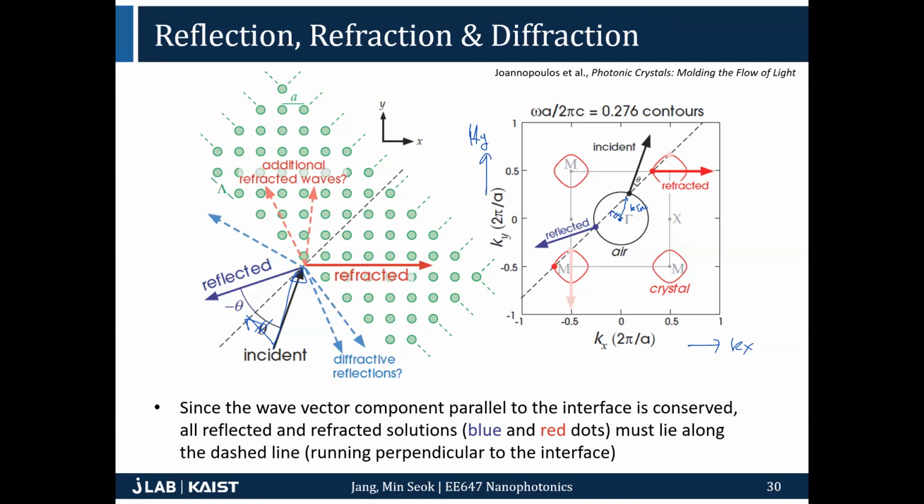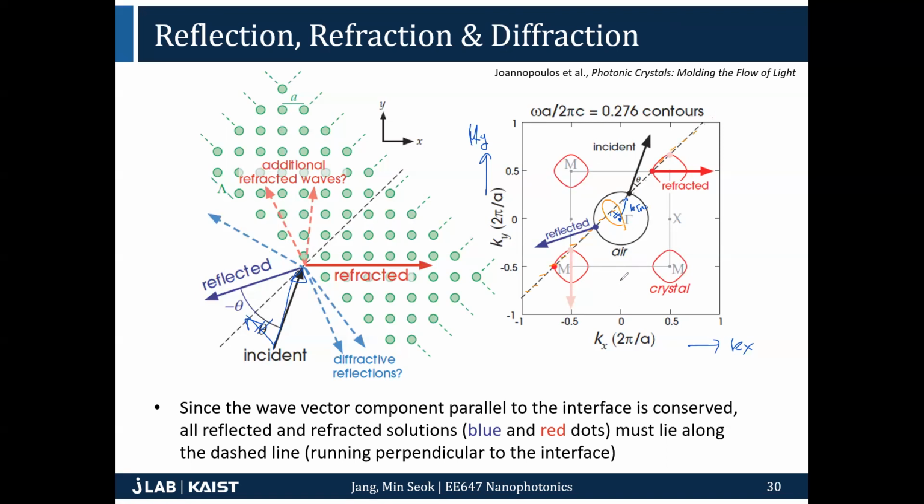When reflection and refraction happen, the surface parallel component of the K vector must be preserved. So your reflected light and transmitted light all have the same surface parallel K vector. In other words, your reflected light and refracted light must lie on this line.